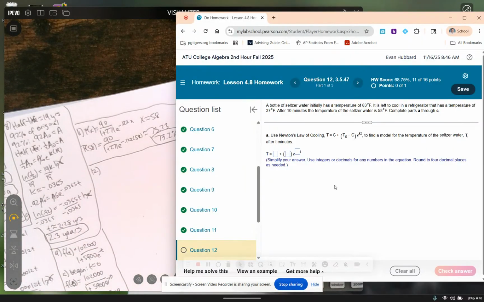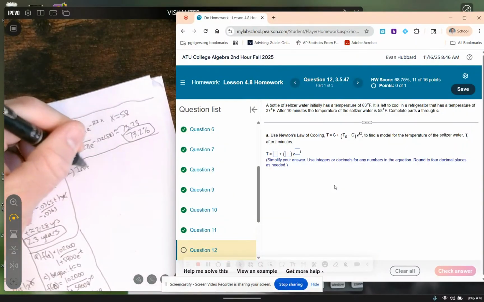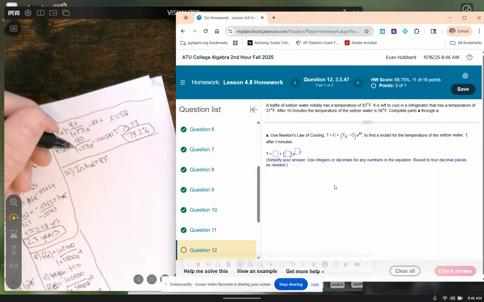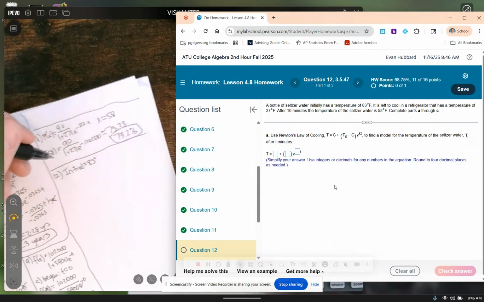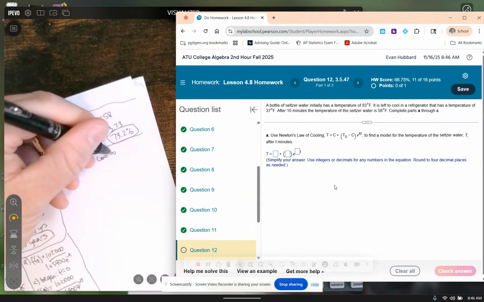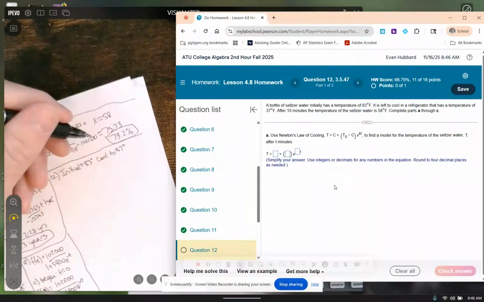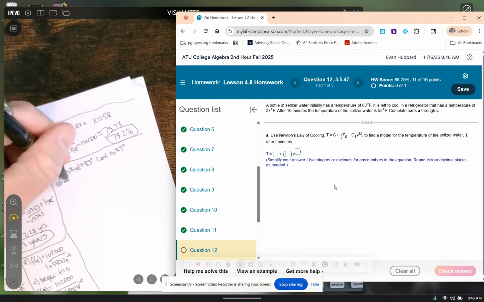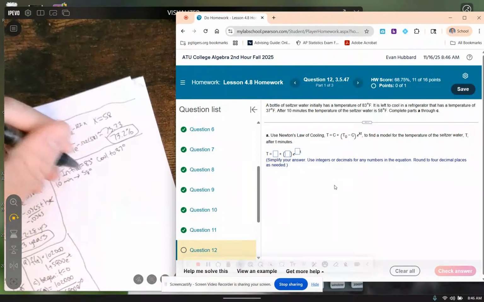A bottle of seltzer initially at a temperature of 83 degrees is left to cool in the refrigerator at 37 degrees. After 10 minutes, the temperature is 58 degrees.